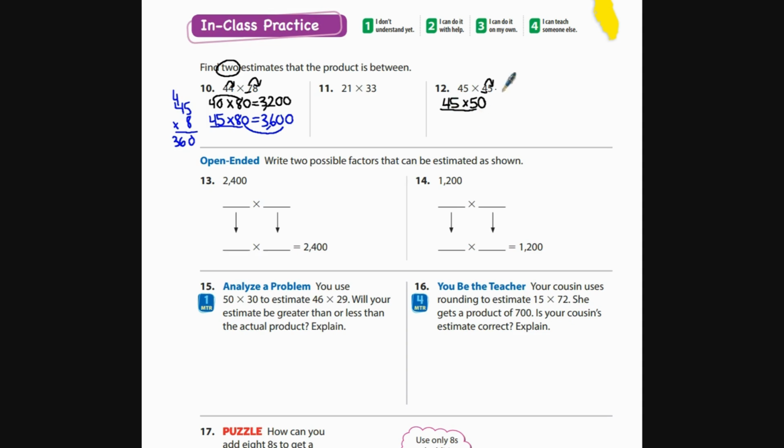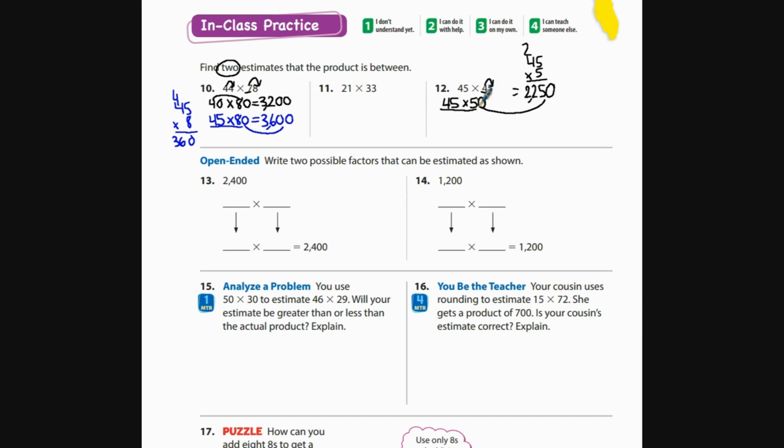Now I'm going to just multiply 45 times 5. 5 times 5 is 25. 5 times 4 is 20, 21, 22. But, right, I can't forget that 0. That means that my estimate is 2,250. Now, this one's a little tricky because I have a compatible number of 45 and then I have 50.